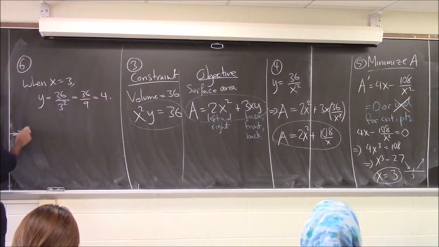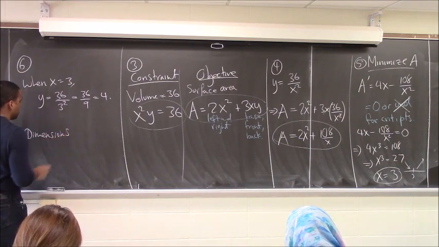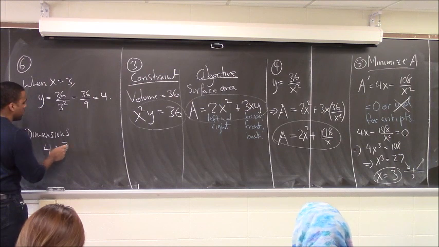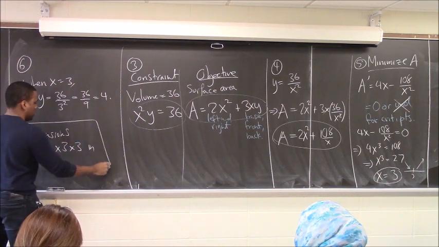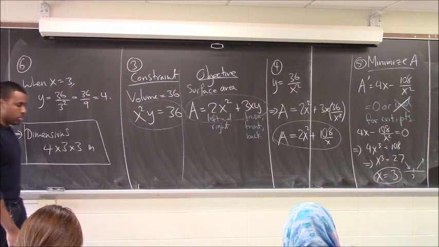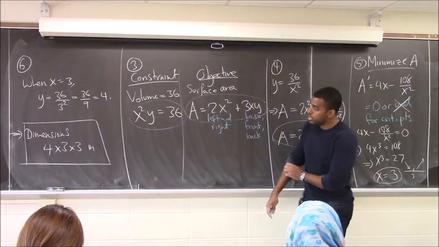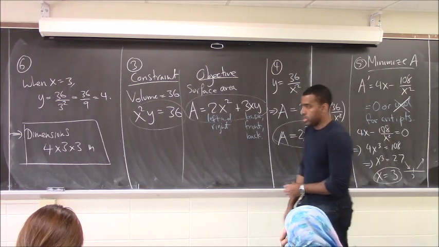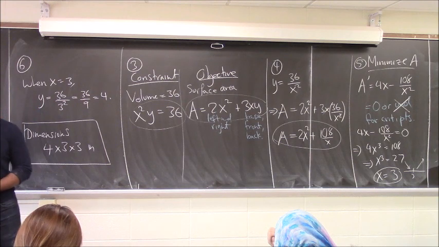So this means dimensions, if I were to design this box, would be 4 by 3 by 3 inches. This is a box with square ends. Its volume will be 36, and it will have the smallest possible area for that volume.